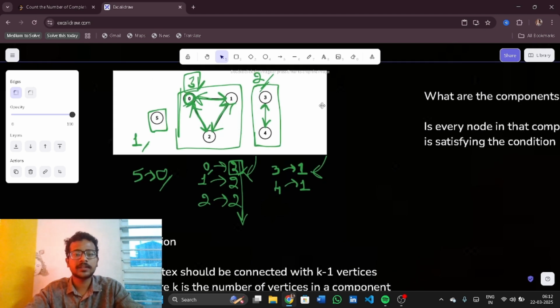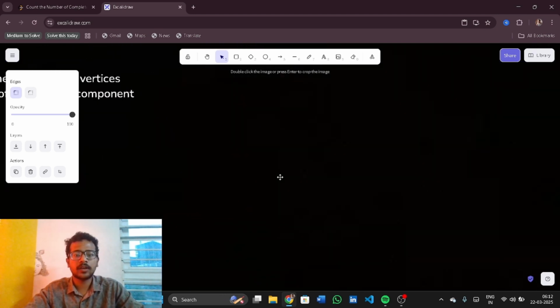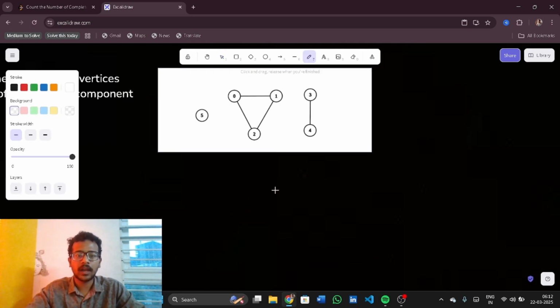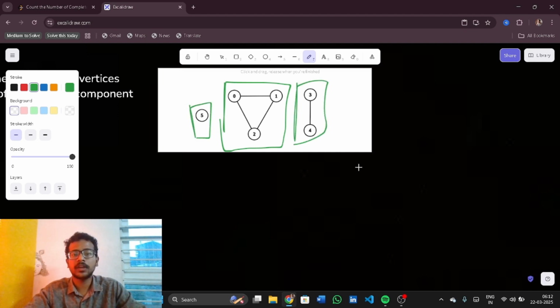Now let me take the same example and write it over here. Let me name this component, or give an ID to it. Initially I am not doing anything.